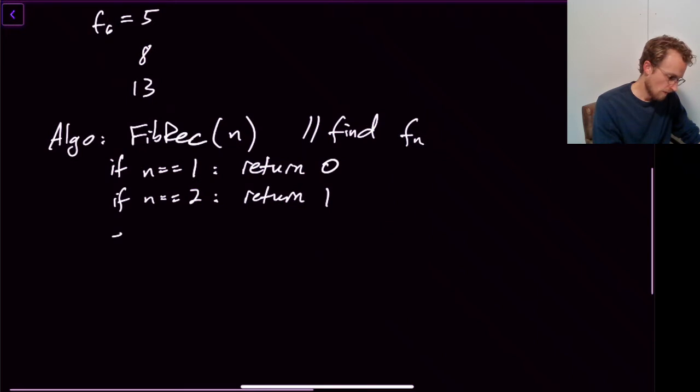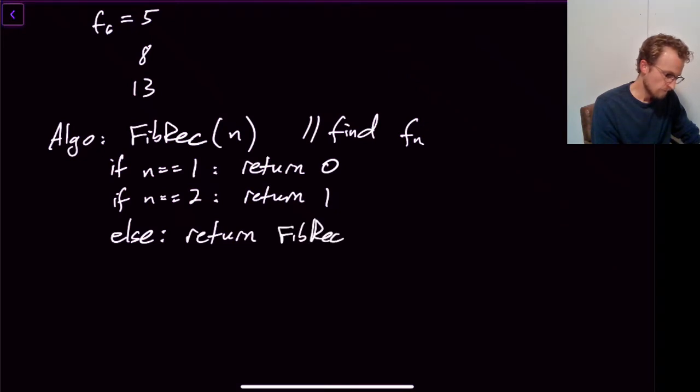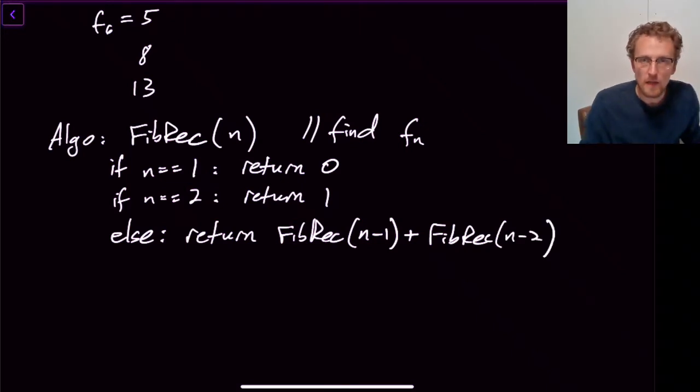And otherwise, we return the following: fibrec evaluated on n minus 1 added to fibrec evaluated on n minus 2. Okay, and this should work.